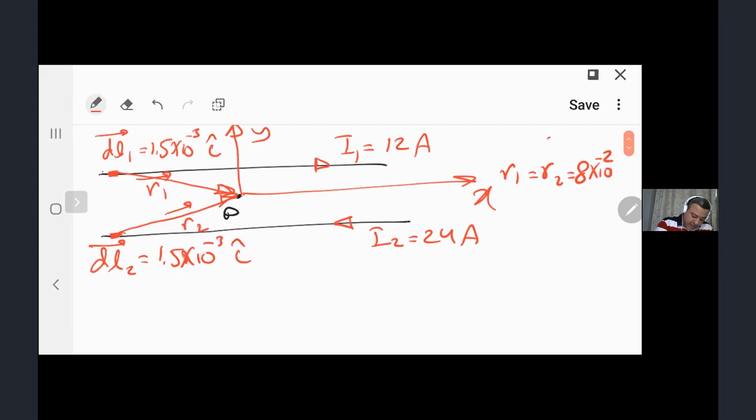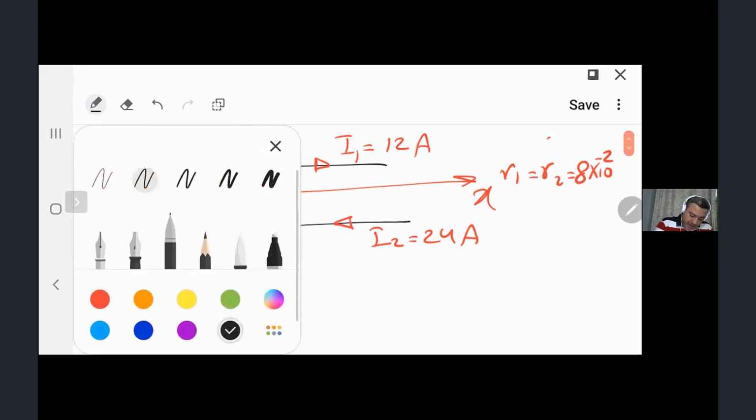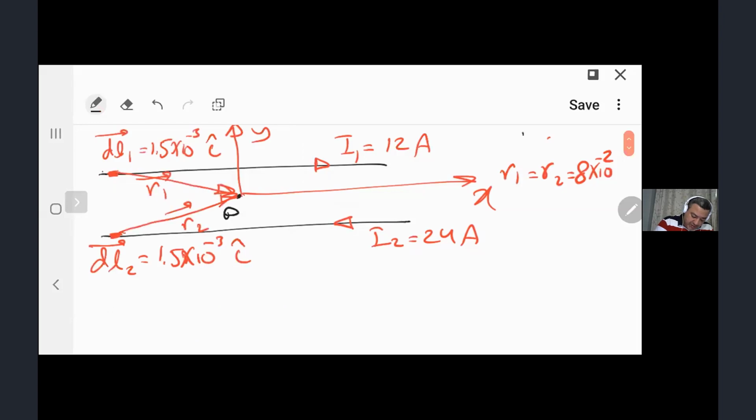So if I now put my major equation, dB1 equals mu naught I1 divided by 4 pi.